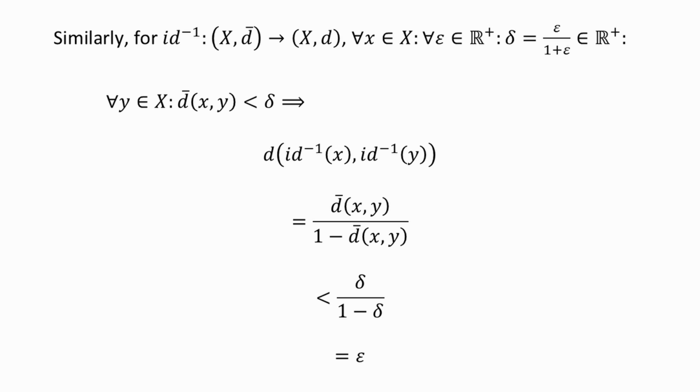So if that is the case, delta is from 0, not including 0, to 1, not including 1. That means the expression delta over 1 minus delta, when delta is getting larger, which means closer to 1 but not equal to 1, then the whole fraction will get larger. Now we can plug in the equation delta equals epsilon over 1 plus epsilon, then we will get epsilon. So in this case, we also prove that it inverse is continuous.